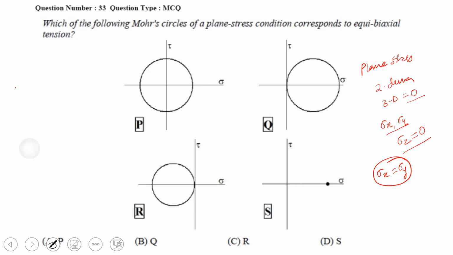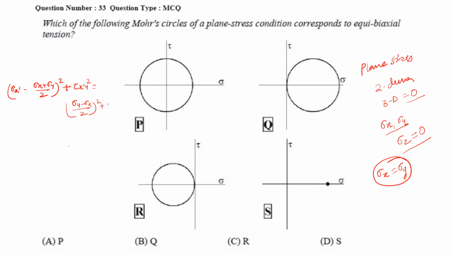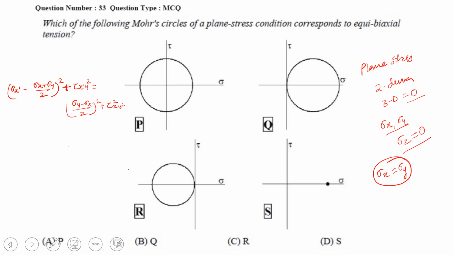What is the equation of the circle? This is the equation.